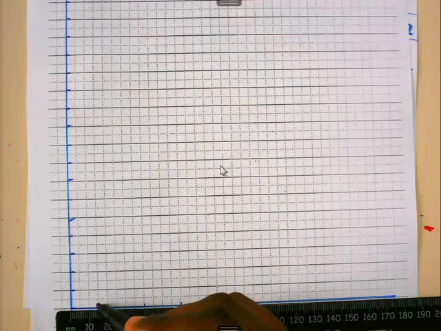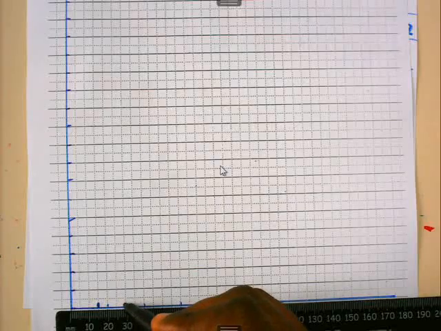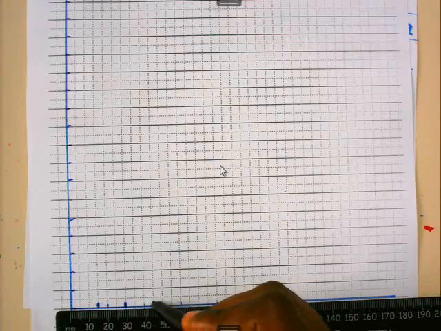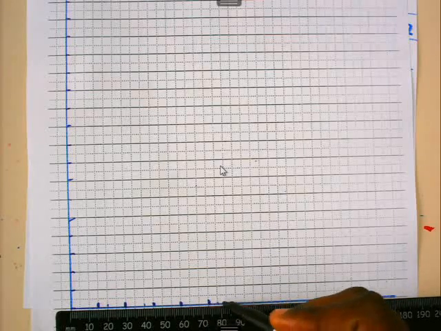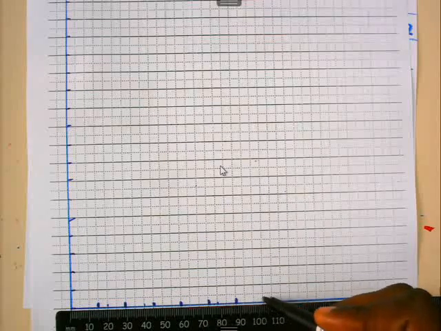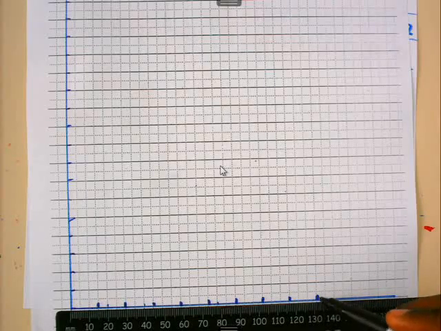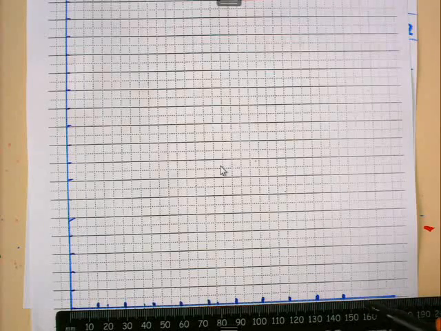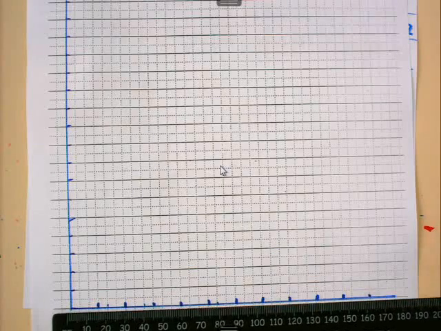Let's try it here. Let's use this one. 1, 2, 3. There we are. I'm trying to keep the same interval in between. There we are.